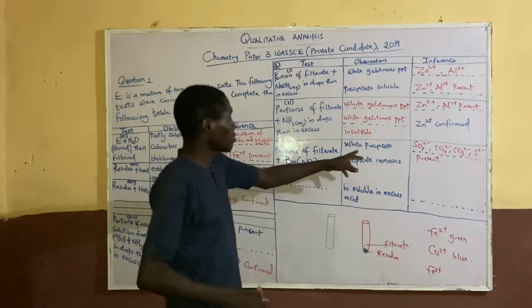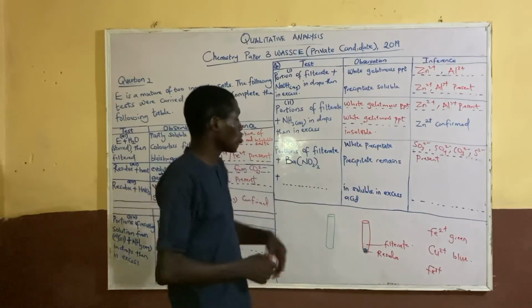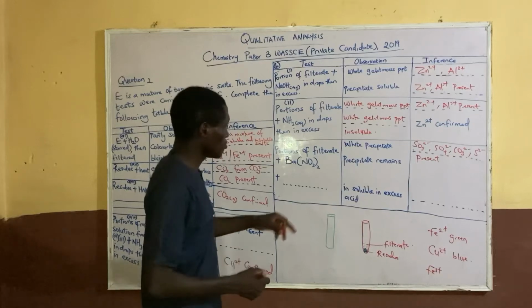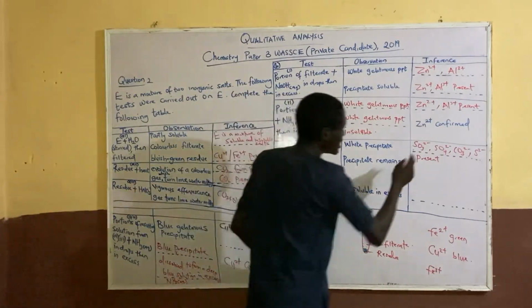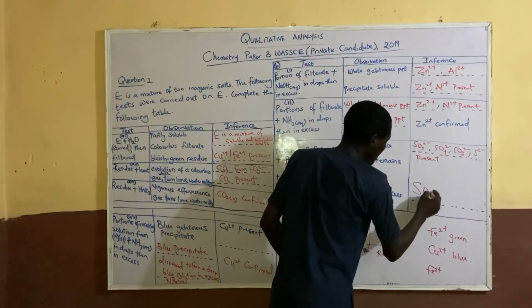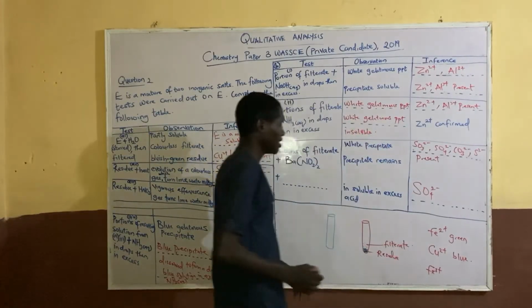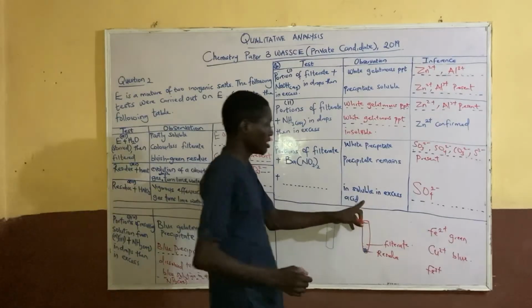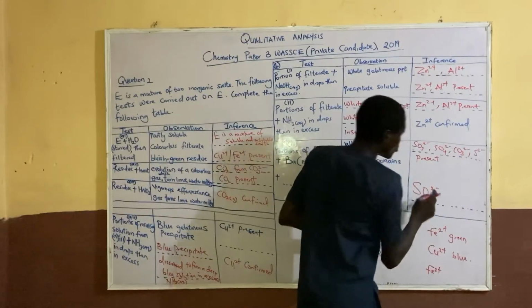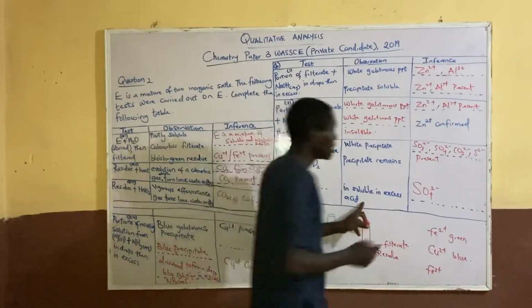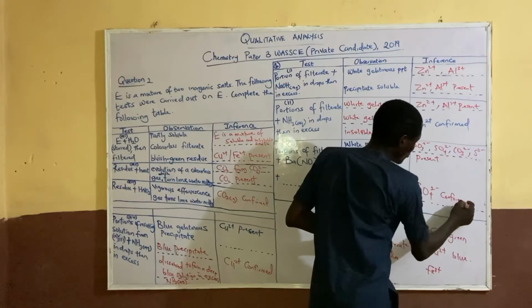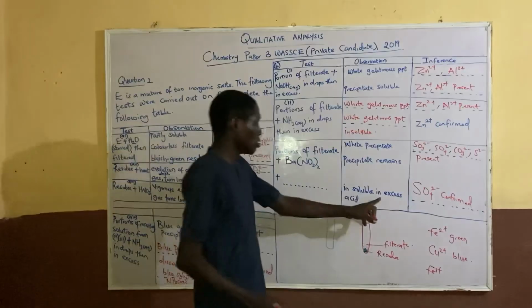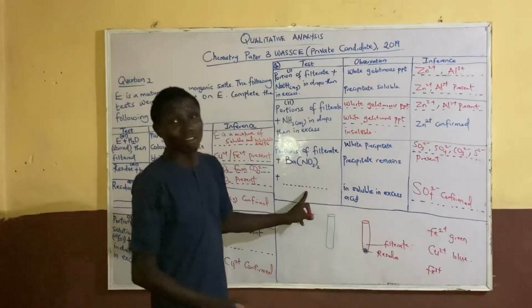In this case, the only anion that has the tendency not to dissolve in acid is SO4 2 minus, the sulfate ion. So this is a confirmatory test for the sulfate ion. So sulfate ion confirmed.